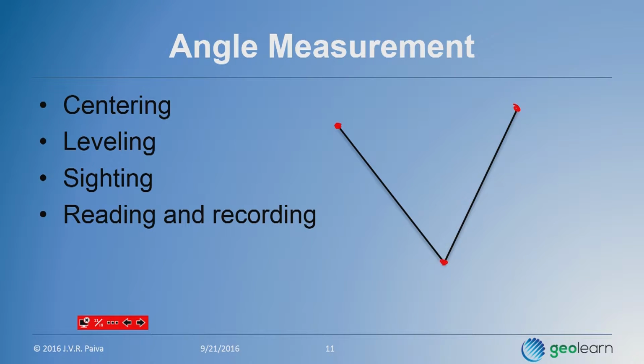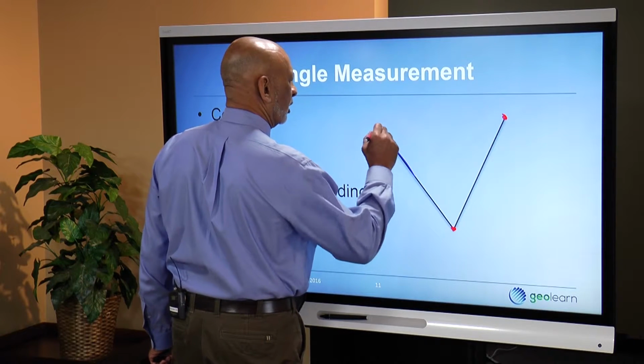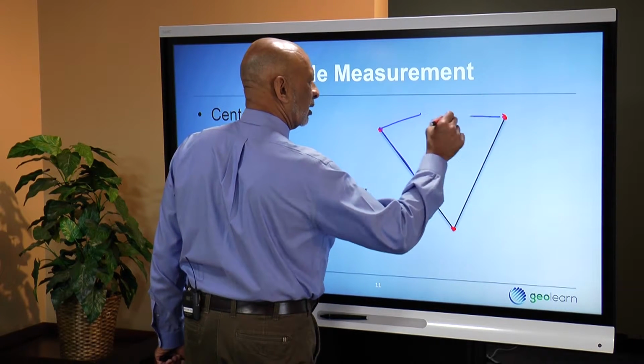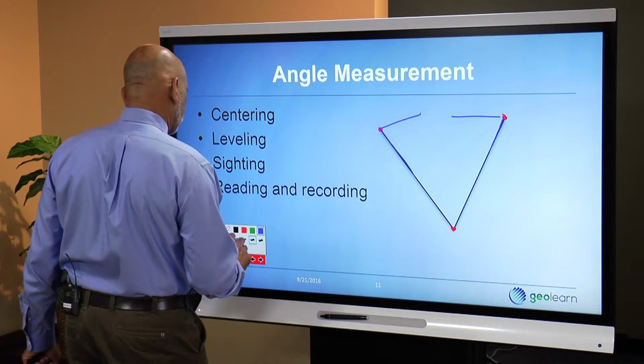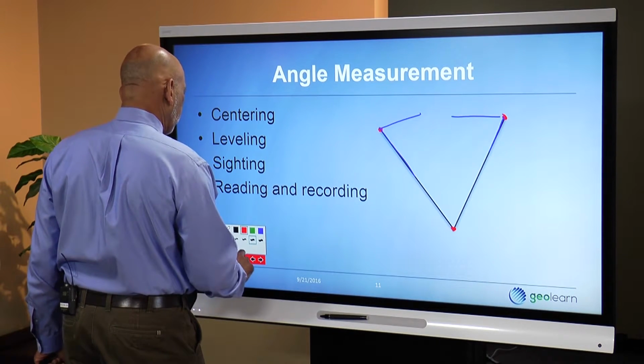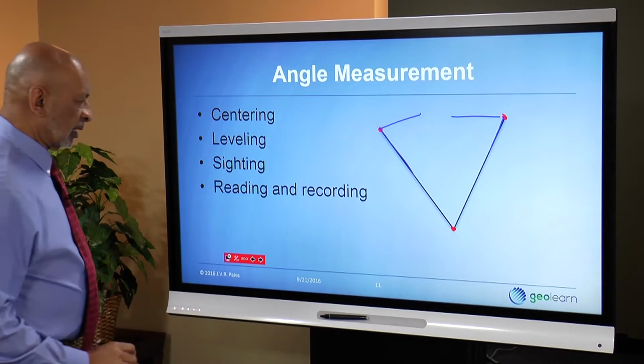And once you have 3 points, there's actually 3 angles, but certainly there's one angle that can be measured easily by simply connecting 2 points to the third point. And what I mean by that, if you didn't follow me, is that we have a second angle over here and a third angle over here and so forth. But in this case, we're just discussing the first angle down here.